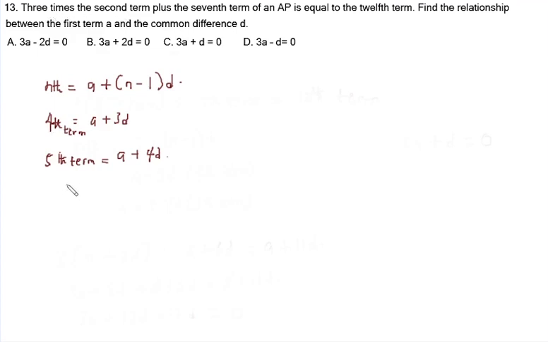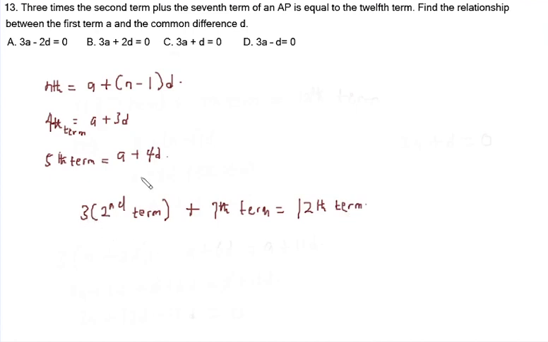Considering this problem, 3 times our second term plus the 7th term is equal to the 12th term.